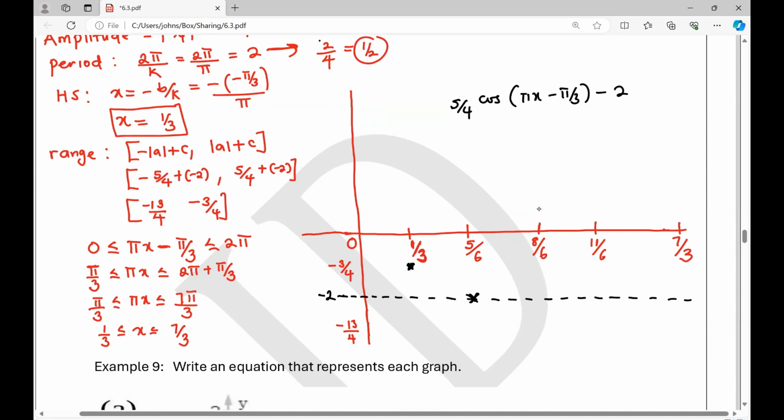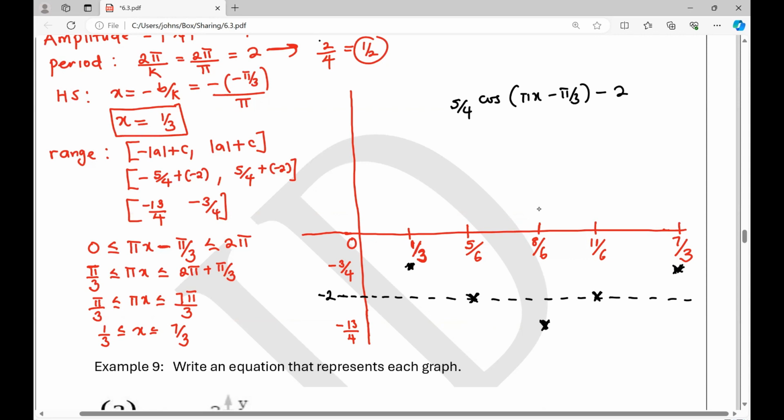So at 8 over 6, you will go down to the minimum, which is minus 13 over 4, right? Then at 11 over 6, you'll be back to the baseline somewhere here, right? Then at 7 over 3, we'll be back to the maximum again, which is minus 3 over 4.